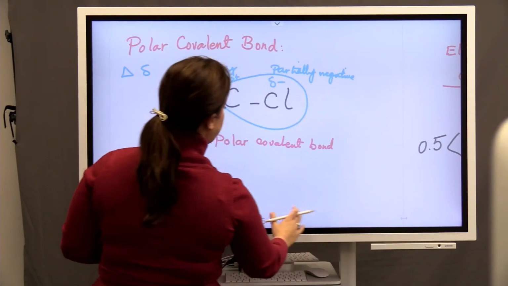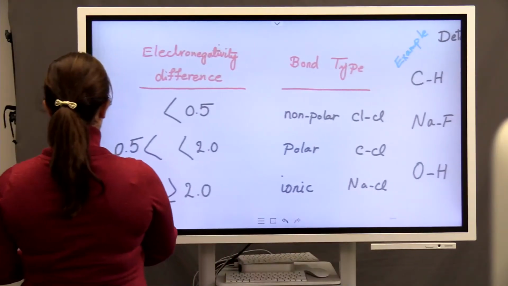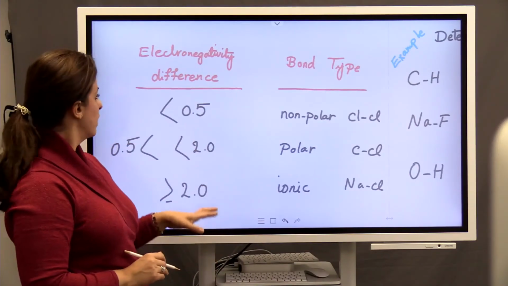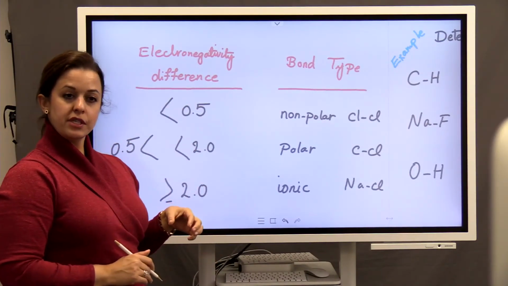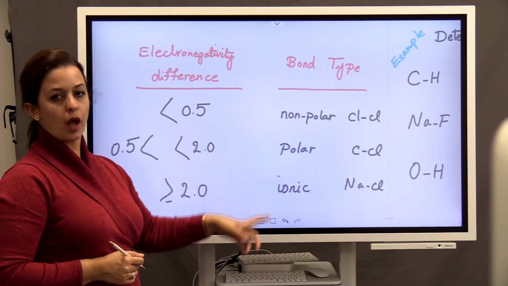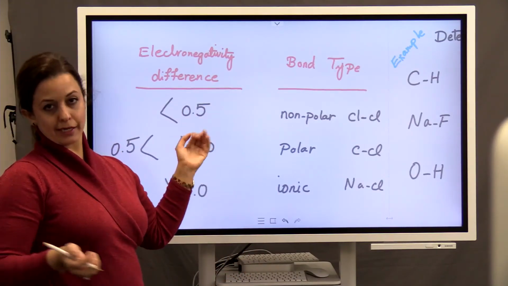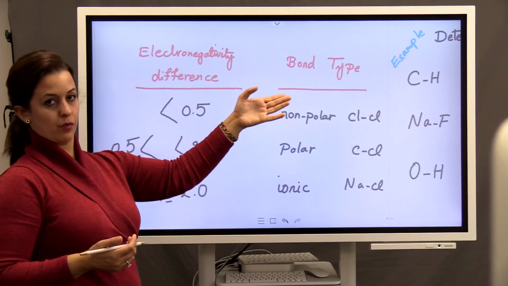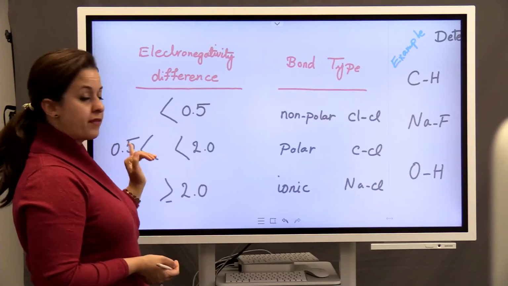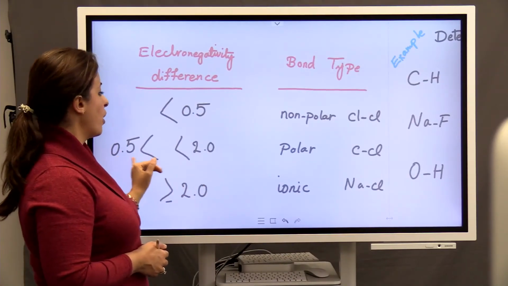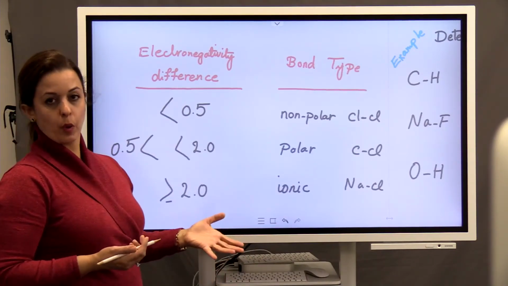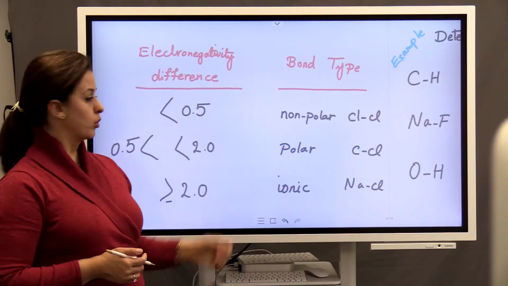There is a criteria for determining the type of bond based on the electronegativity difference. We say if the electronegativity difference between the atoms involved in a bond is less than 0.5, the bond is called nonpolar. Like between two identical atoms, for example, chlorine, chlorine. What do you expect to be the electronegativity difference? 0, right? If this electronegativity difference is between 0.5 and 2, it's called a polar covalent bond or just polar bond, like what we saw for carbon and chlorine.